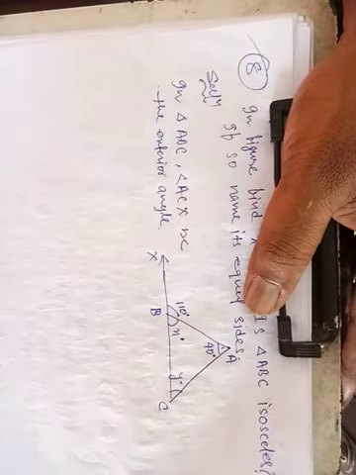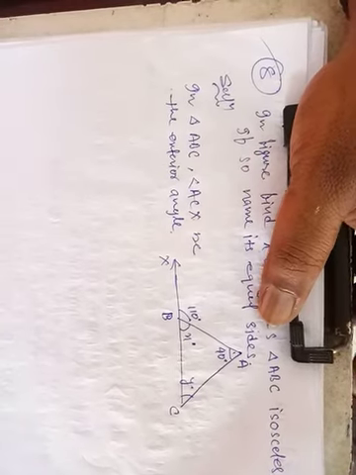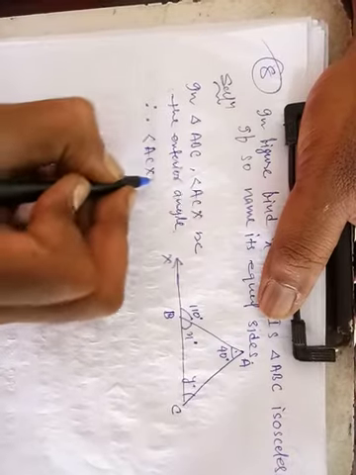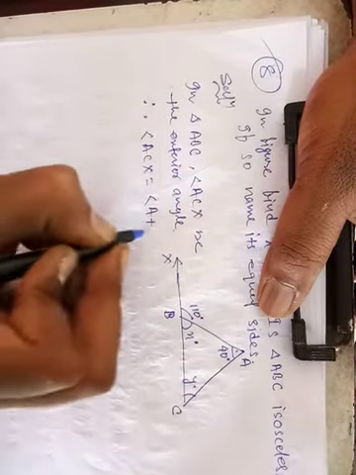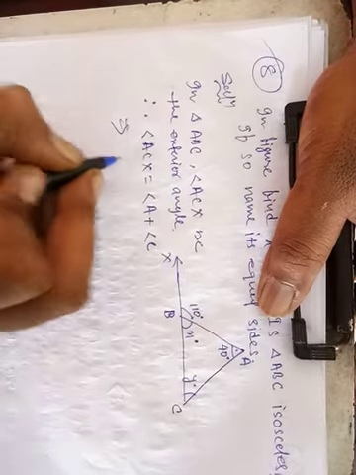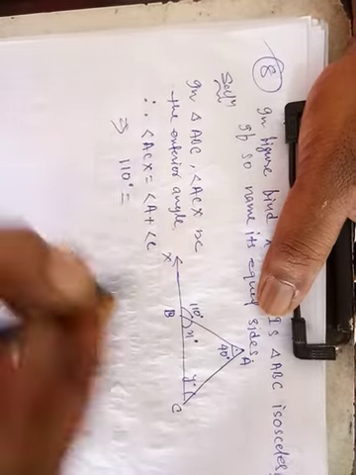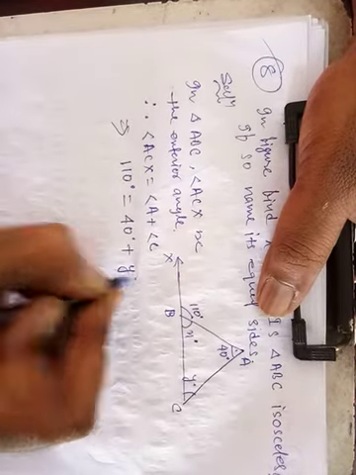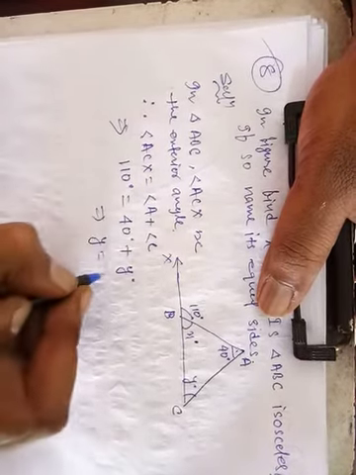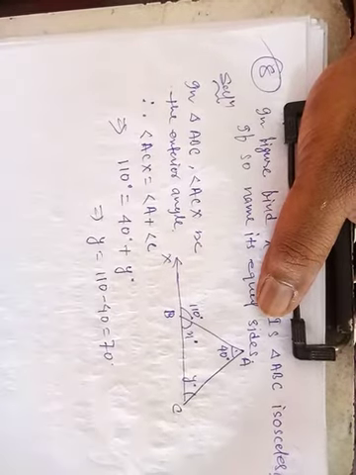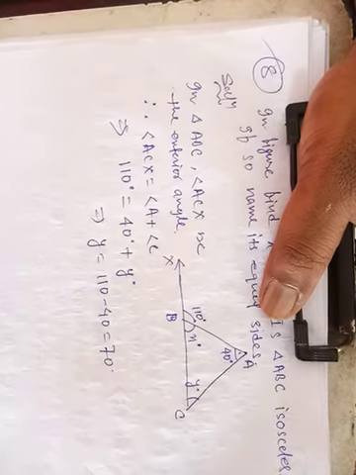Therefore angle ACX is equal to angle A plus angle B. So here ACX is equal to 110 degrees, angle A is equal to 40 degrees, angle B is equal to y degrees. So y is equal to 110 minus 40 degrees, that is 70 degrees. So y is 70 degrees.